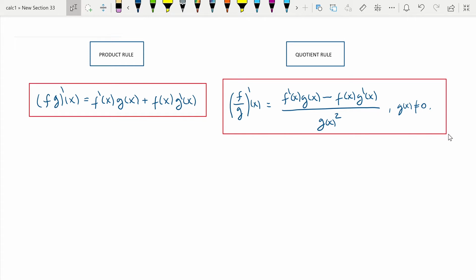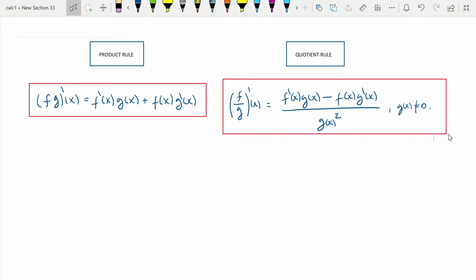Okay, so to finish the material for this week and material needed for the exam, we go over the product and quotient rules. These are rules that allow us to obtain the derivatives of, well, the rules say, products and quotients.